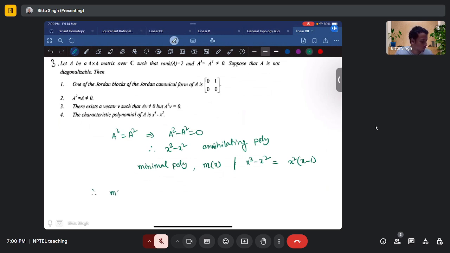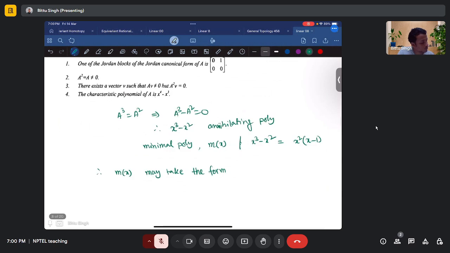Therefore, mx may take the form x, or x minus 1, then x times x minus 1, and another possibility is x squared, only single x squared.